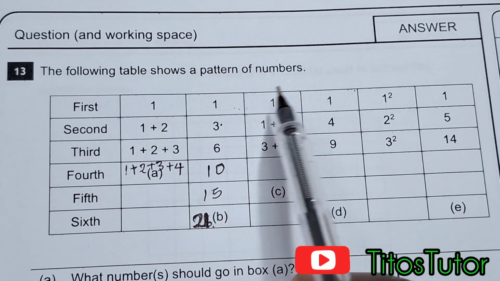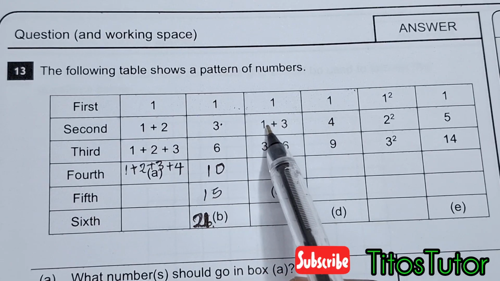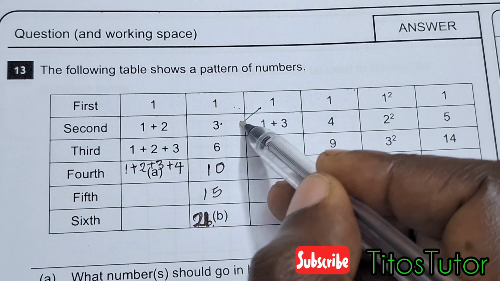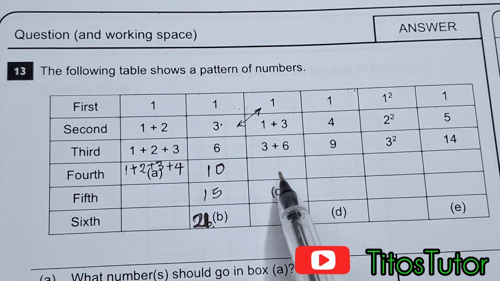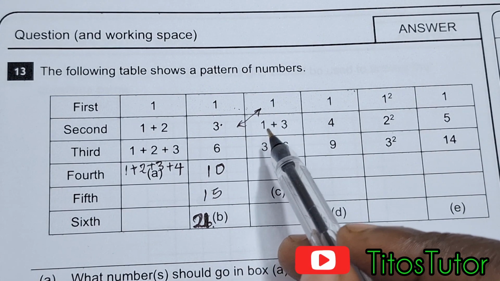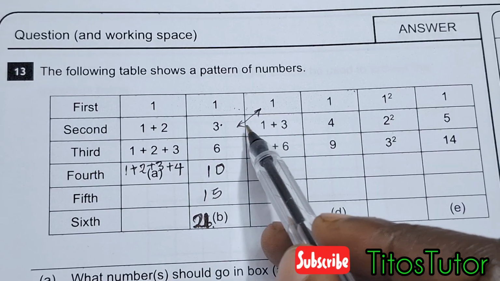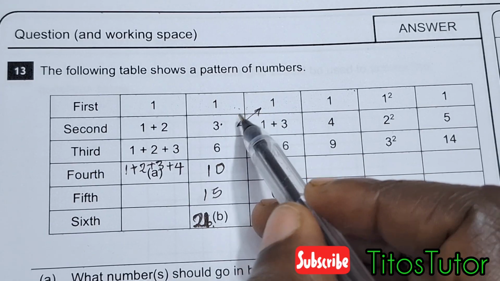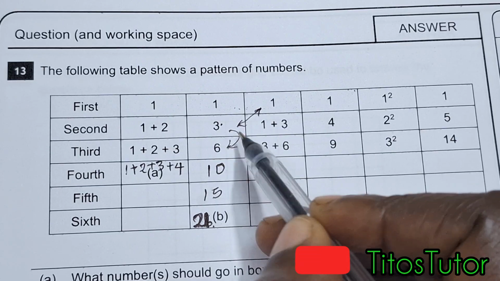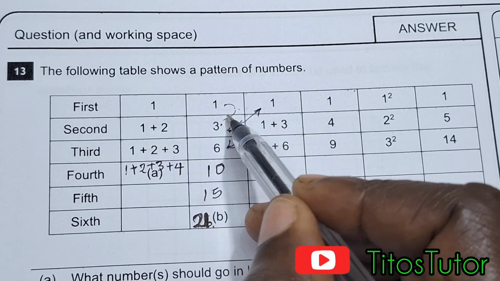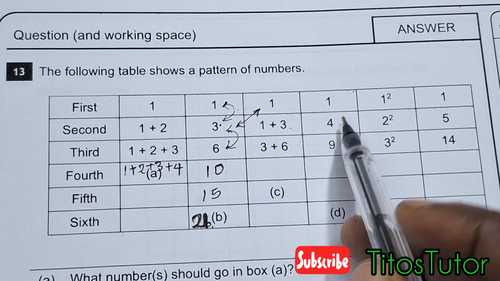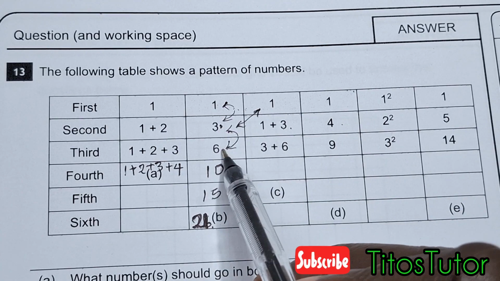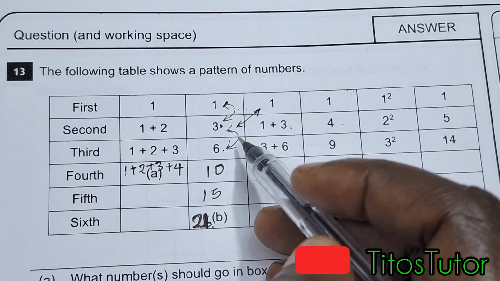Let's keep going. Here it's 1 plus 3. So see the connection. 1 plus 3. Can you see? So let's connect it this way. Yes. 1 plus 3, 4. 3 plus 6, 9.